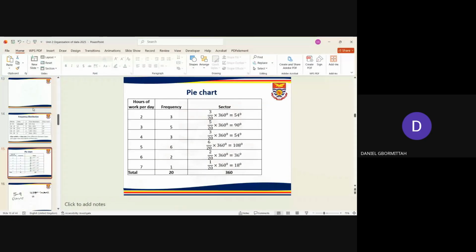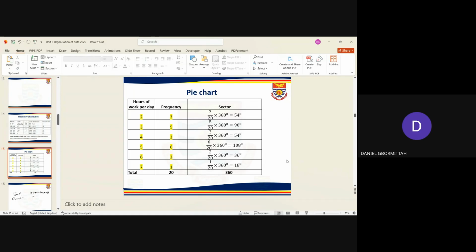Now we have data which tells us the hours that some workers have worked per day, and their corresponding frequencies. Can we represent that data using a pie chart? Yes, sir, we can do that.